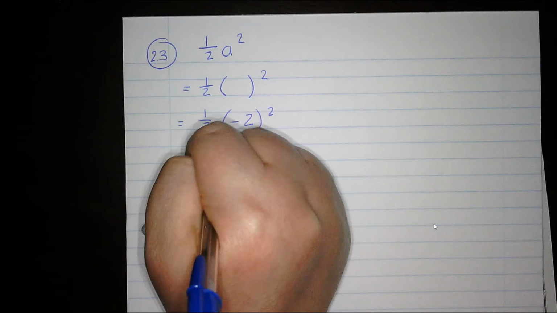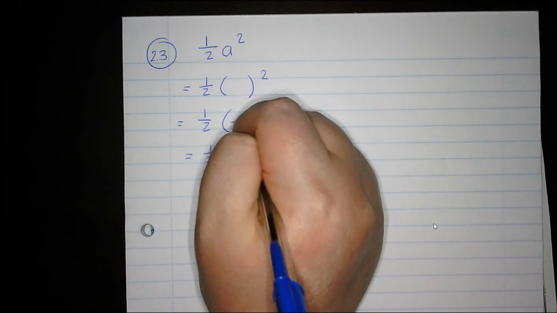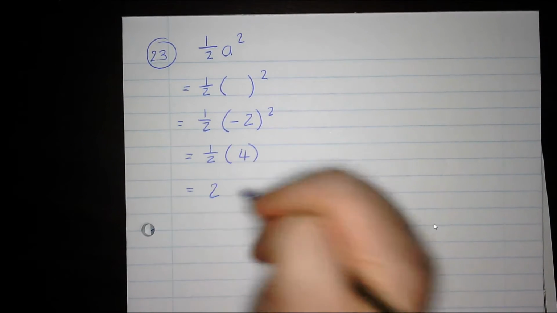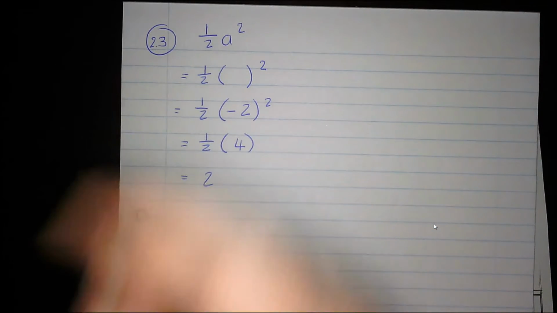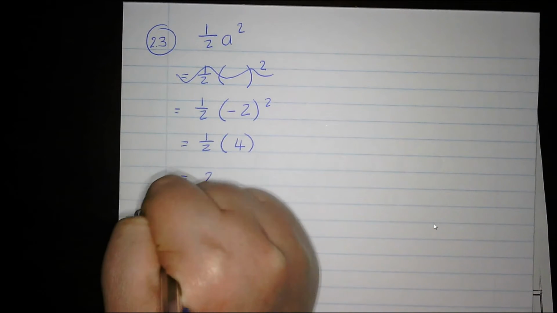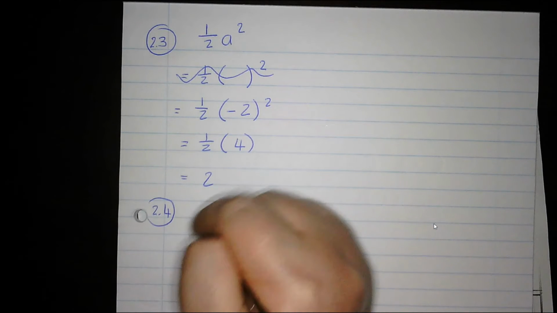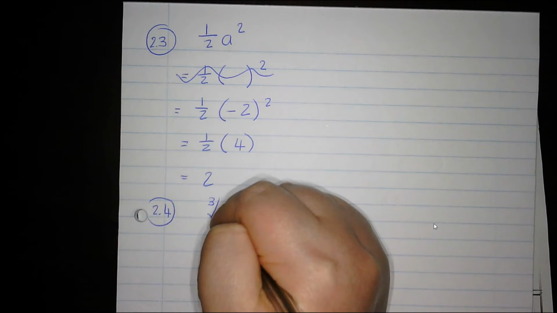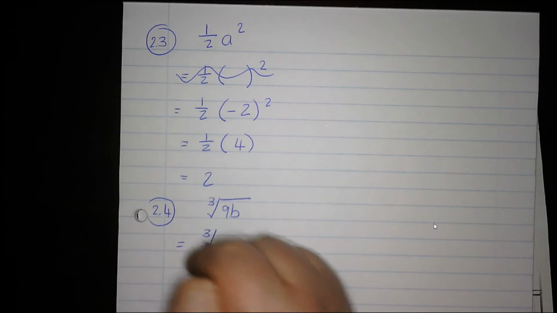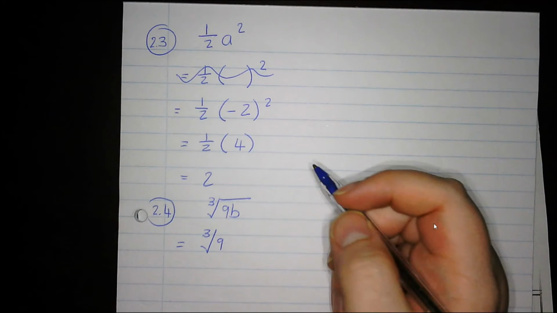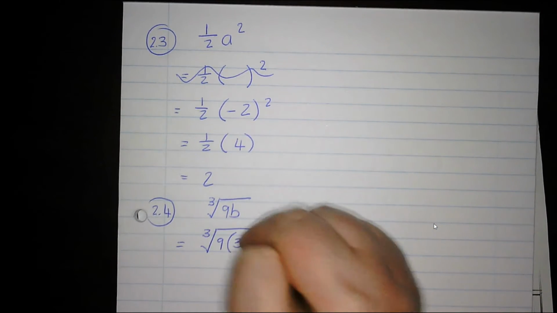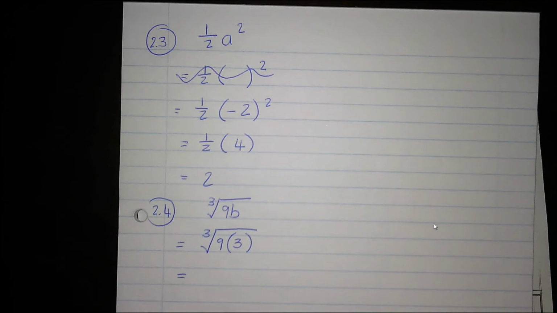Half of negative 2 squared is positive, 2 squared is 4, half of 4 is 2. 2.4. You have the cube root of 9b. So in the place of b, I am going to put, what was it? 3.